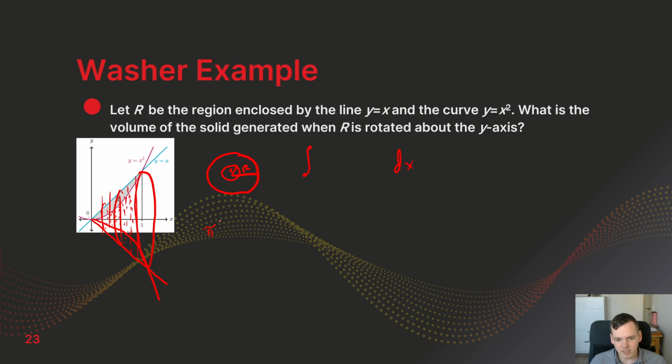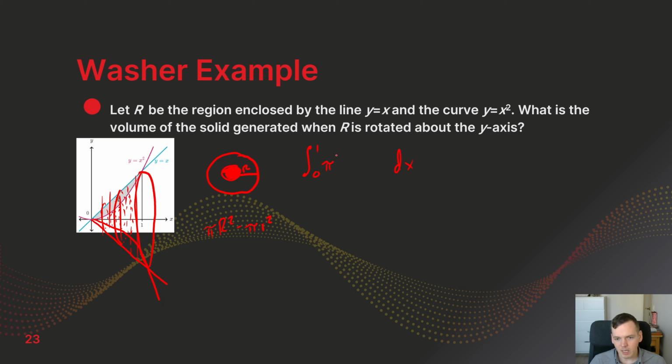Well, it's pi times big R squared minus pi times little r squared, right? If we had just the outer part minus the inner circle, that's what we're going to get here. And we know that we're integrating from 0 to 1 because that's where they intersect.